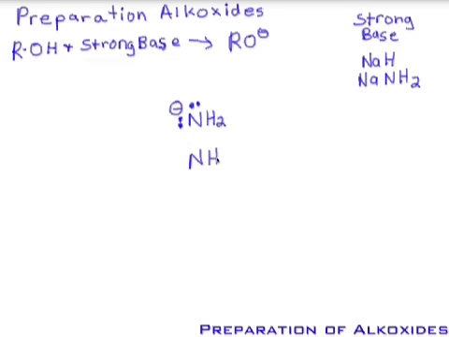Now we said we couldn't use hydroxide, it wasn't strong enough. NH3 is a stronger base than hydroxide. By the time you deprotonate NH3 and get NH2 minus, you have a very powerful base. Pulling a proton off the alcohol will convert NH2 minus into NH3.